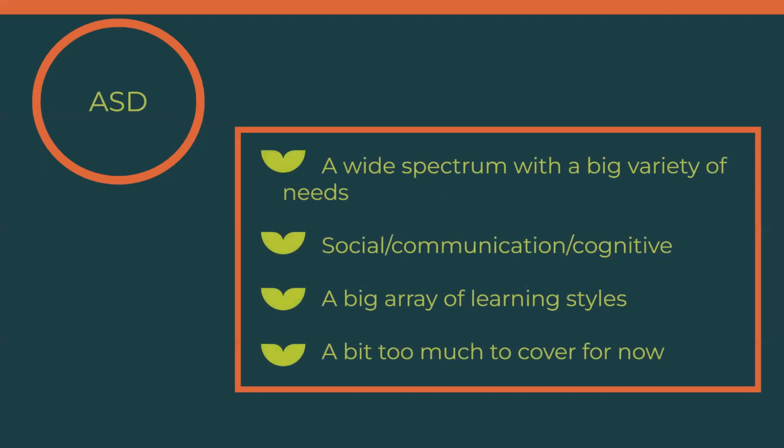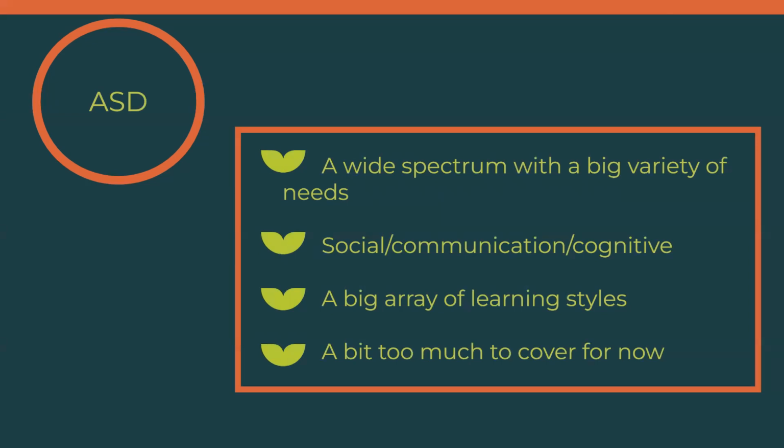ASD is a wide spectrum with a big variety of needs. This is one where we'll talk a lot more in future sessions, because it's just a bit too broad to cover in this short introductory video. ASD affects social, communication, and cognitive development. So when you're working with children, you need to keep all those three major areas in mind. And again, it can affect children differently.